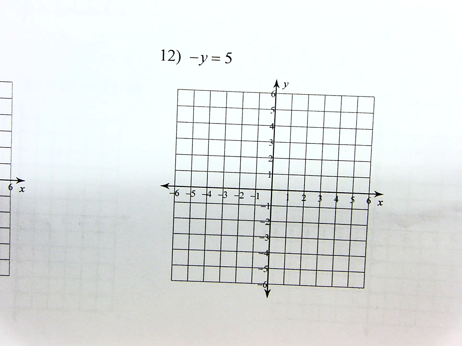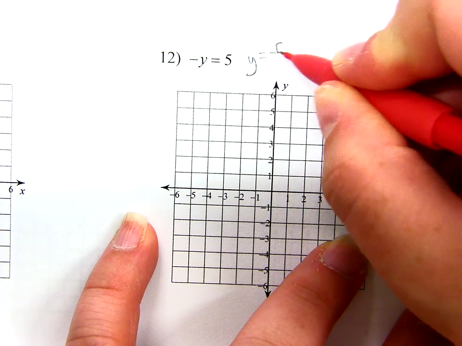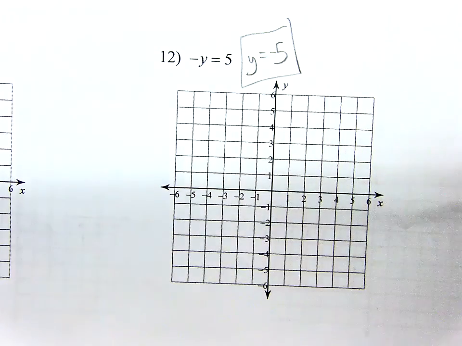So, according to Hoy Vux, will this be horizontal or vertical? Horizontal. Did everybody draw a horizontal line side to side? Okay. Now, where does it belong? It does not belong at 5, because y is not equal to 5. Negative y is equal to 5, which means that positive y is equal to negative 5. So that's the line I'm going to graph.